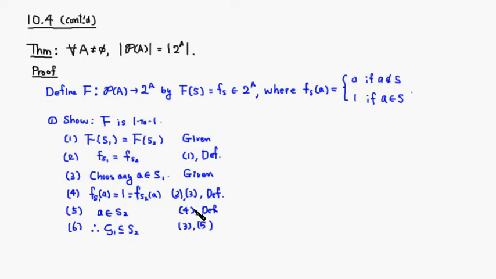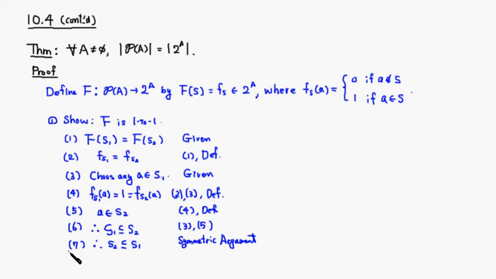And I'm going to be a little bit lazy here. Since S1 and S2, the condition is all interchangeable, so I'll just say 7. We can also get the other containment, S2 is a subset of S1, by symmetric argument.